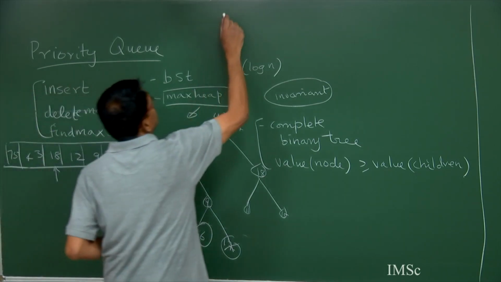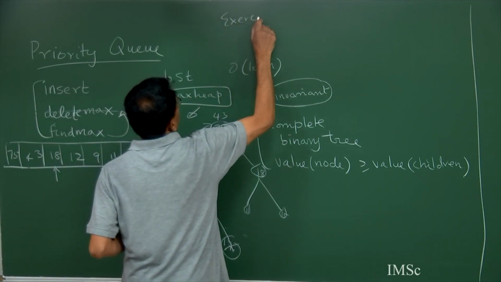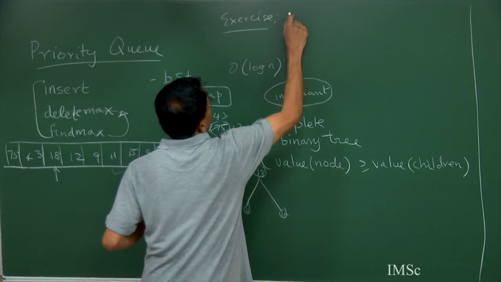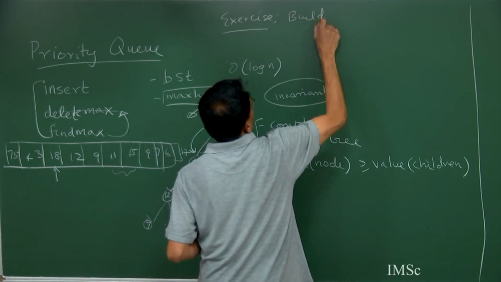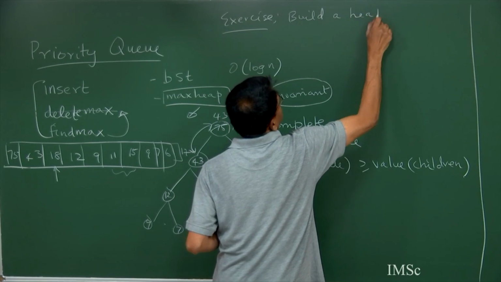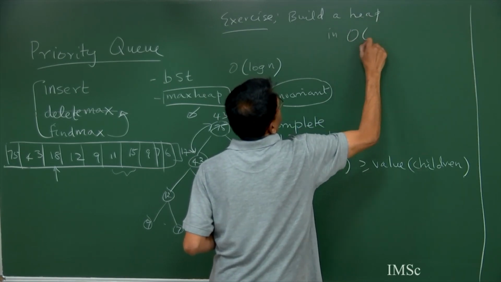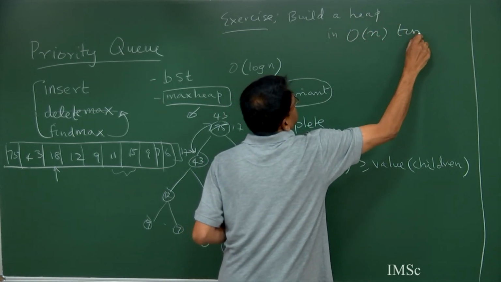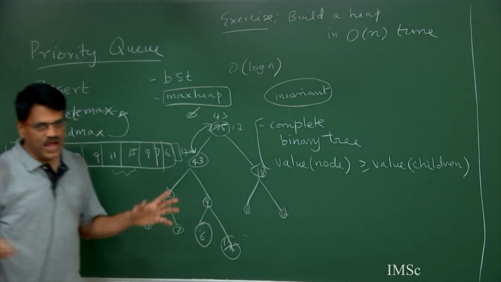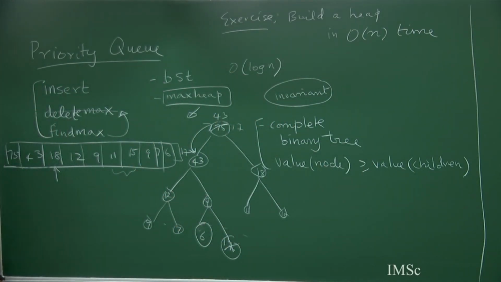Let me just check this out. When I say exercise, I mean this is something you are supposed to know. It's there in books and so on. Given an arbitrary array, I want to reorder the elements so that the array is heap ordered. What does heap ordered mean?